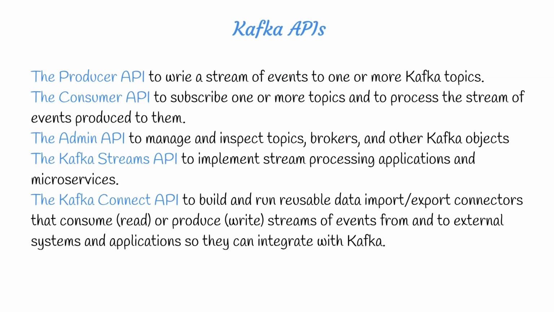The Kafka Connect API to build and run reusable data import or export connectors that consume or produce streams of events from and to external systems and applications so they can integrate with Kafka.